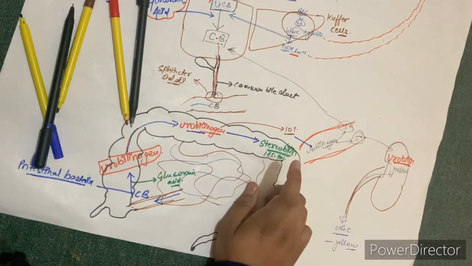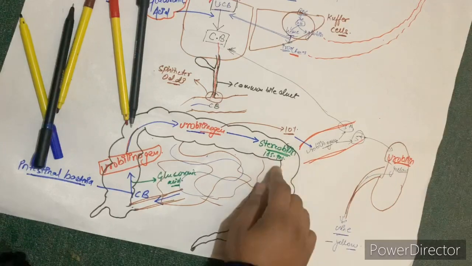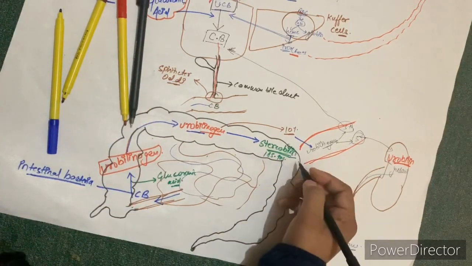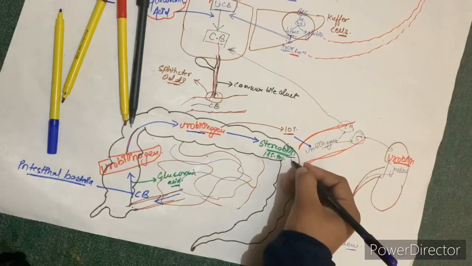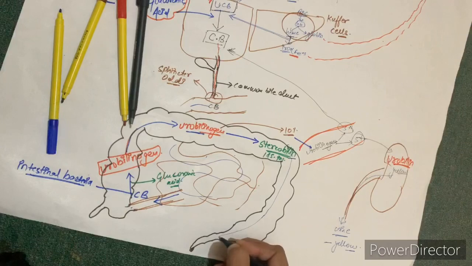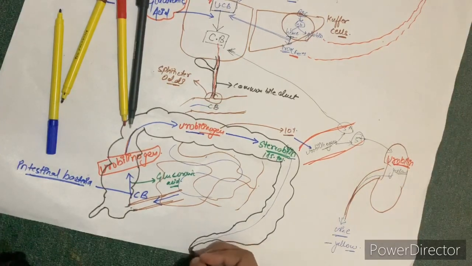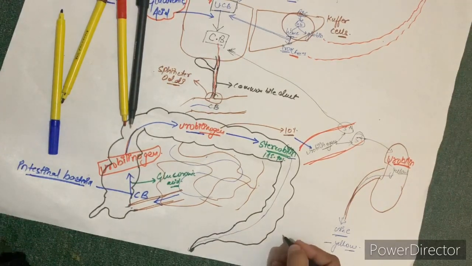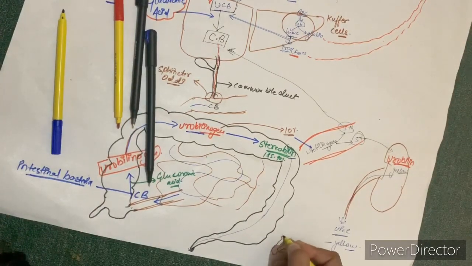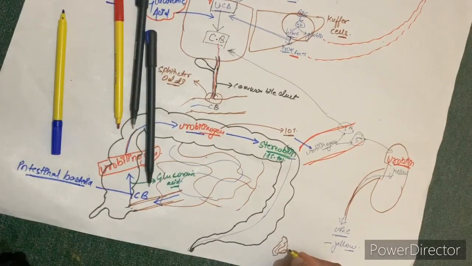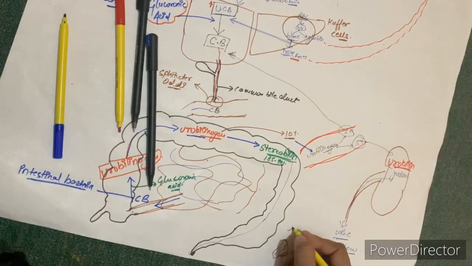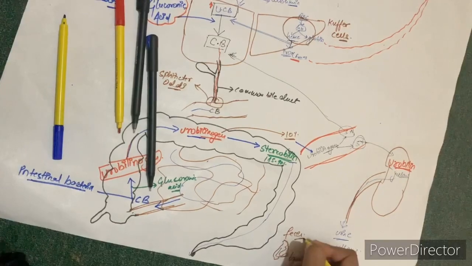Now the remaining 85 to 90% stercobilin is also a water soluble product, so it is transported in the large intestine, then the rectum, then the anus, and then it is excreted in the form of feces, and it gives a brown color to the feces.